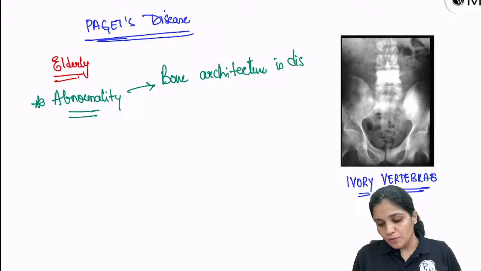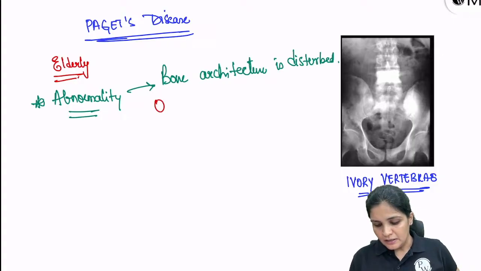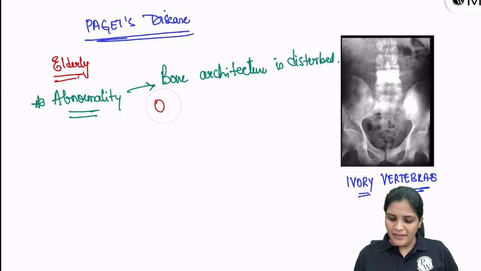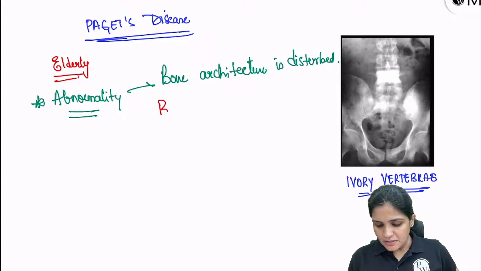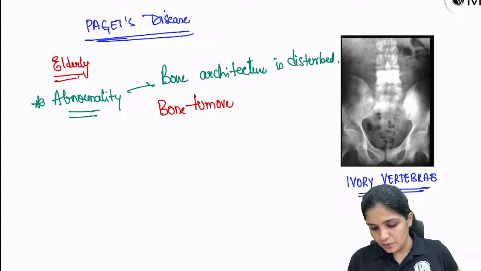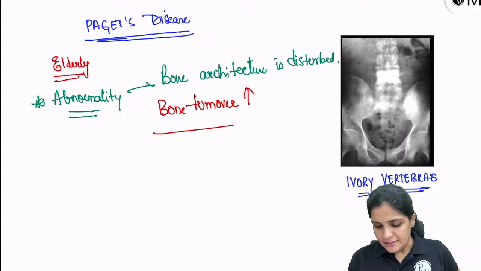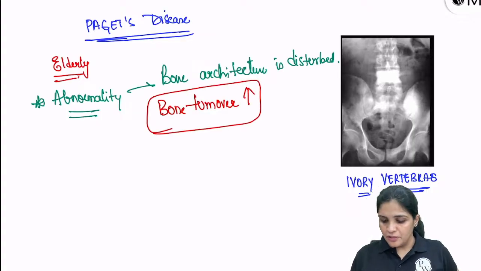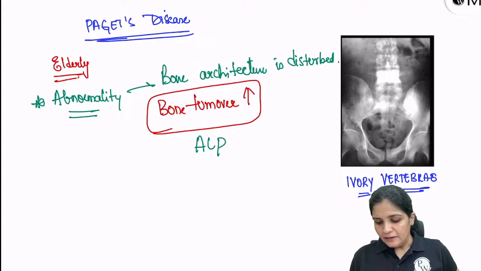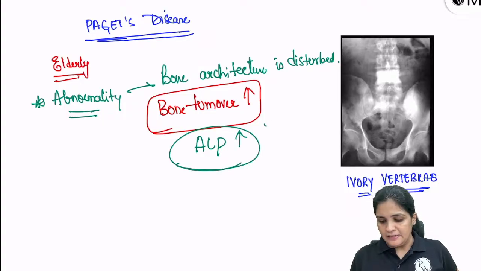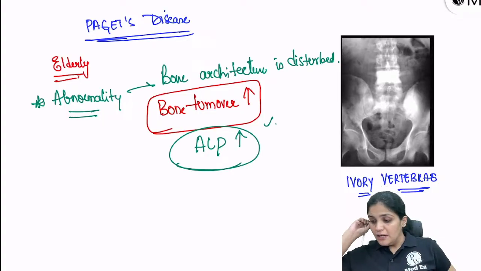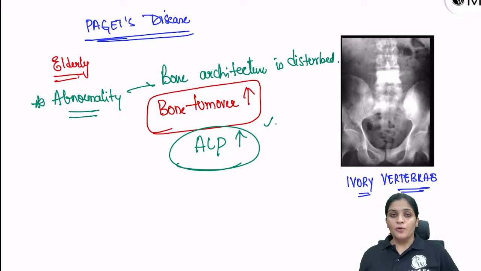What happens to the bone? The basic problem here is that the bone turnover increases. That means you have to remember alkaline phosphatase increases. This is the only thing which you have to remember. So bone turnover increases, the alkaline phosphatase increases.